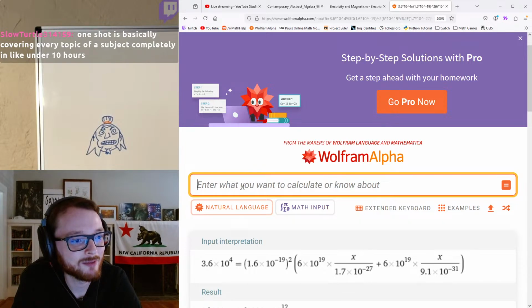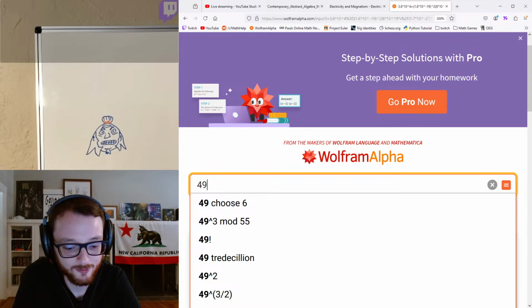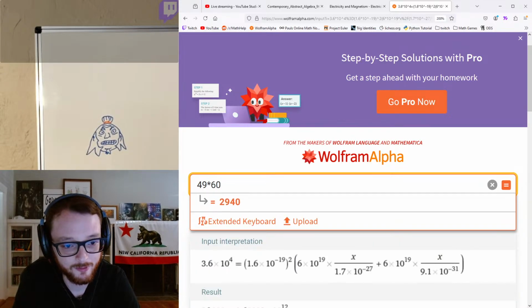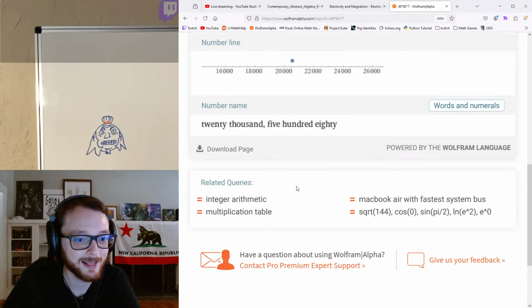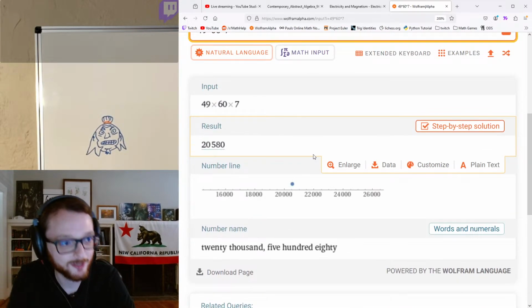Each of them are doing 7 sparks per second. So in total, we're doing 49 sparks per second. And we have to convert 49 sparks per second to minutes. So we multiply by 60. And then we multiply by 7 for 7 minutes. 20,580 slimy sparks.